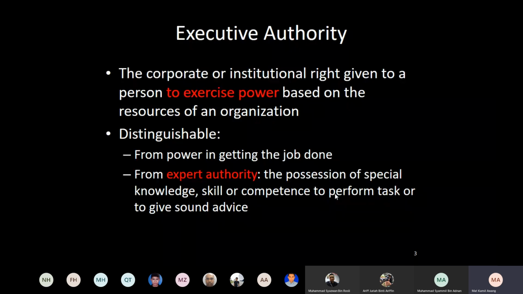Especially in the military, they can assign you anywhere, right? Can you refuse that assignment? Normally, you cannot refuse, unless you have a clear justification, maybe medical. If you have a medical justification, maybe you have to leave the service, as you are not fit to serve.